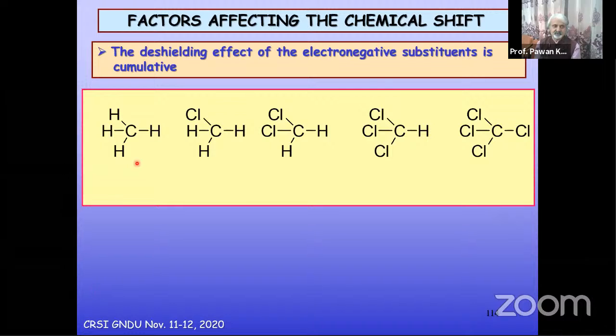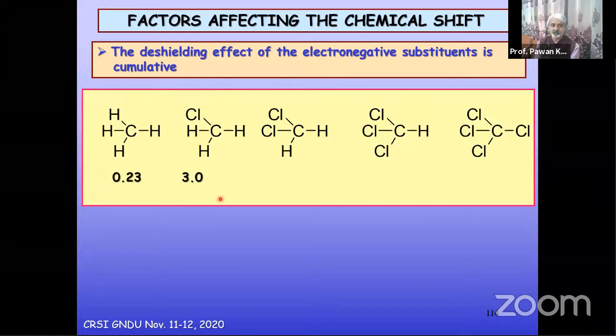Say for example, here we have methane. Methane absorbs at 0.23. Now if I replace one of the hydrogens with a chlorine, which is strongly electron withdrawing, the chemical shift moves from 0.23 to 3. Now if I replace one more hydrogen, I have two electronegative chlorines here. The de-shielding effect of the electronegative substituent would be cumulative, that means it would be additive.